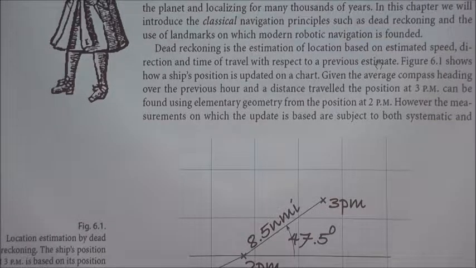Dead reckoning is the estimation of location of a vehicle, a submarine, an aircraft, a robot on the ground, based on estimated speed, direction, and time of travel with respect to a previous estimate. So you are already at point I, you want to go to I+1, you need to have a new estimation of I+1 based on the information about it.